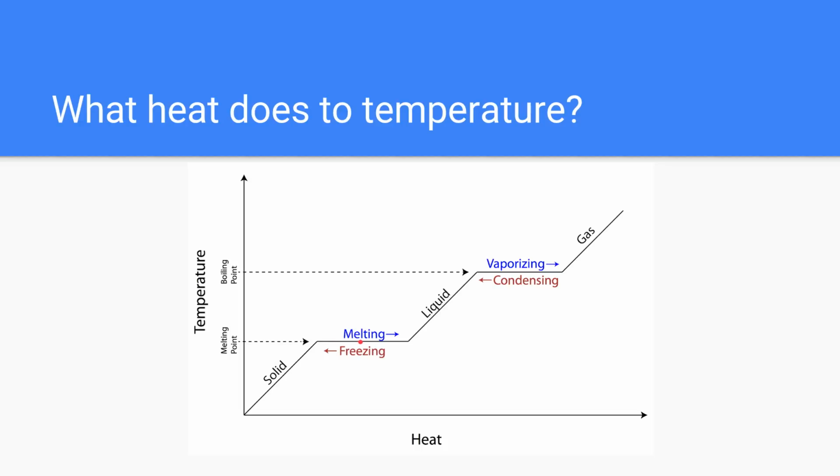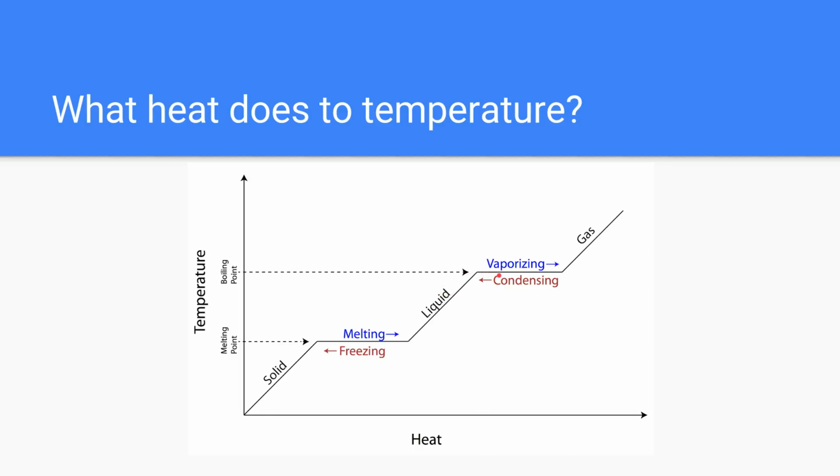At its melting point, it does not actually get any hotter. That's why when anything melts, it will not get hotter. The same goes when it's freezing. Eventually, it will be completely melted and fully a liquid. Then as you add more heat, it'll keep going all the way till it hits its boiling point, where it begins vaporizing.